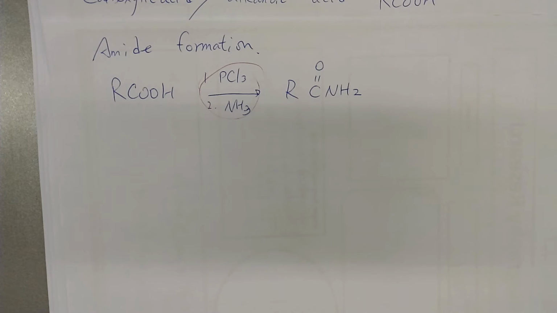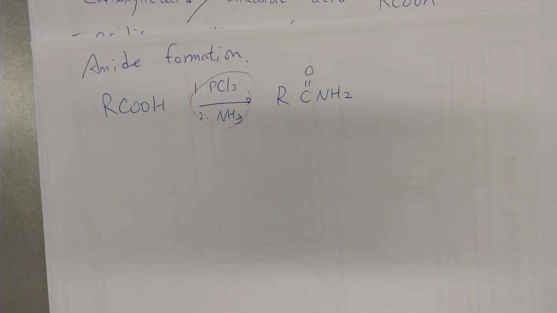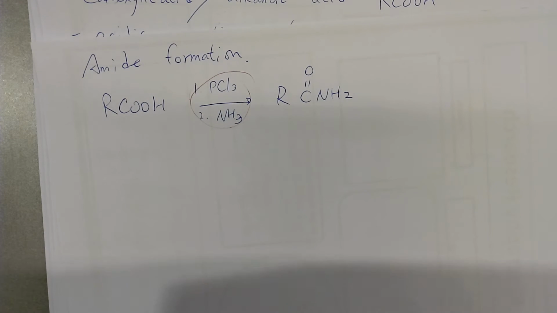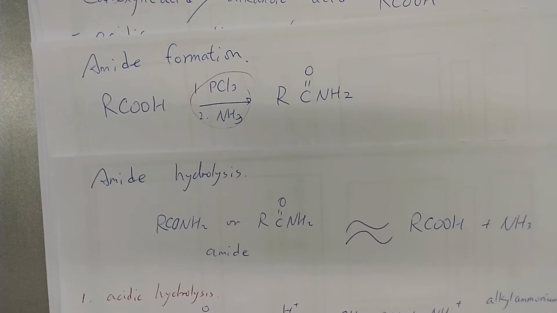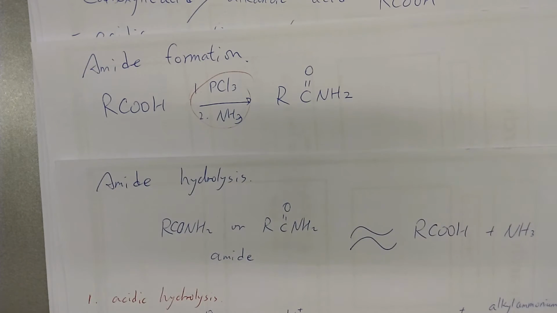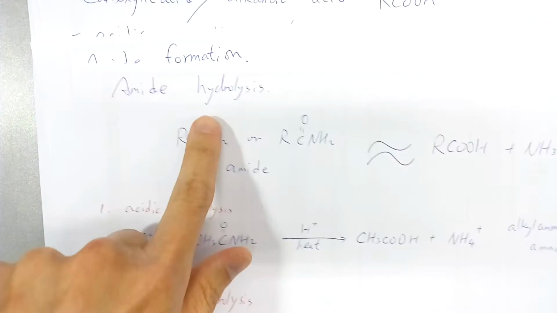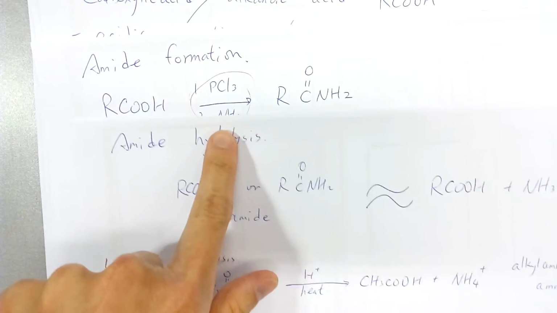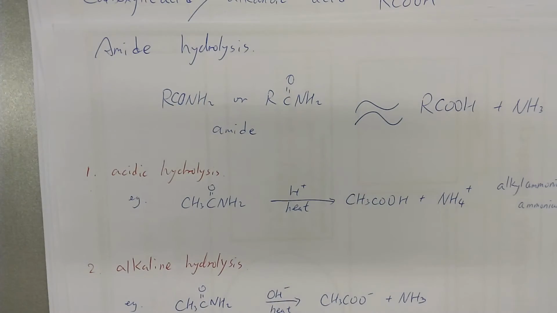For the details of the experiment, we will not discuss at the DSE level, so forget it, okay? So, similar to esterification, we have a reverse process for the amide formation. We can actually break down the amide, okay?